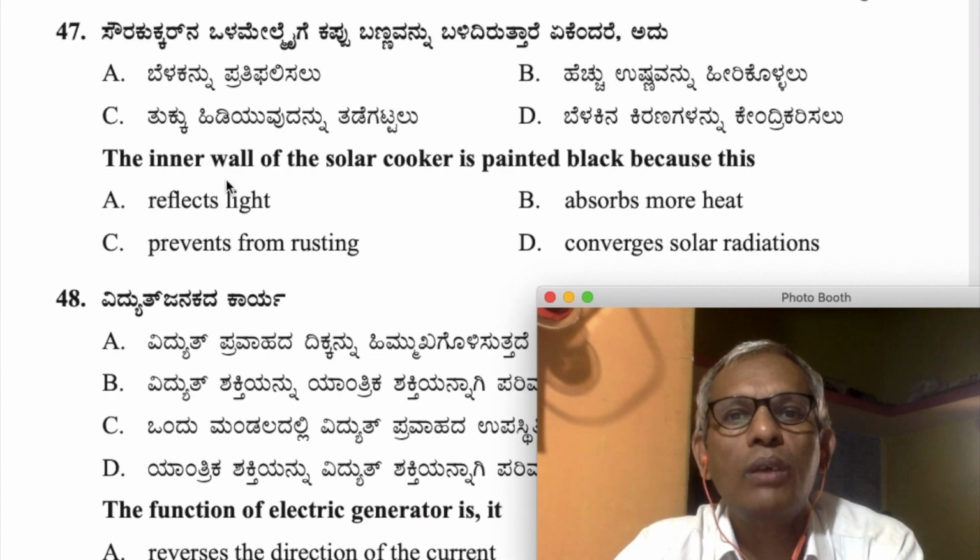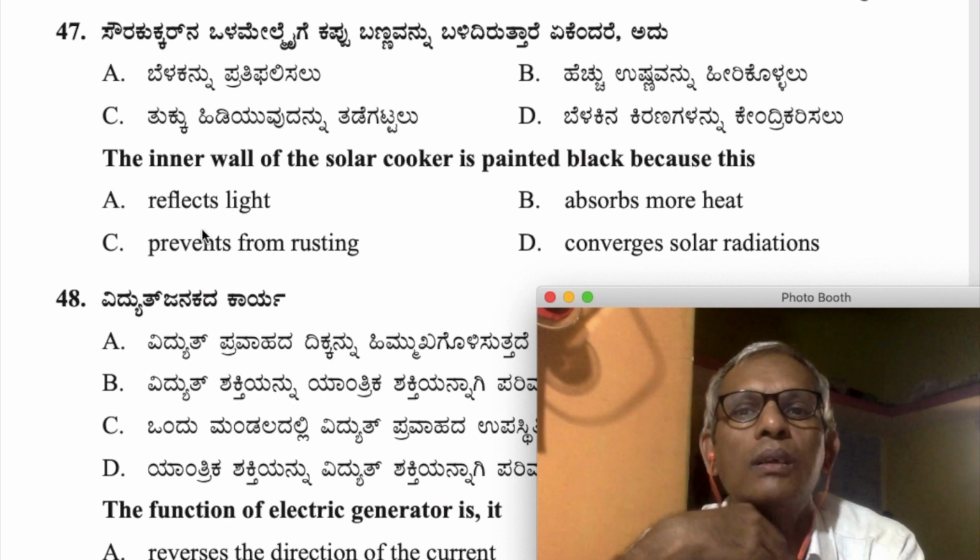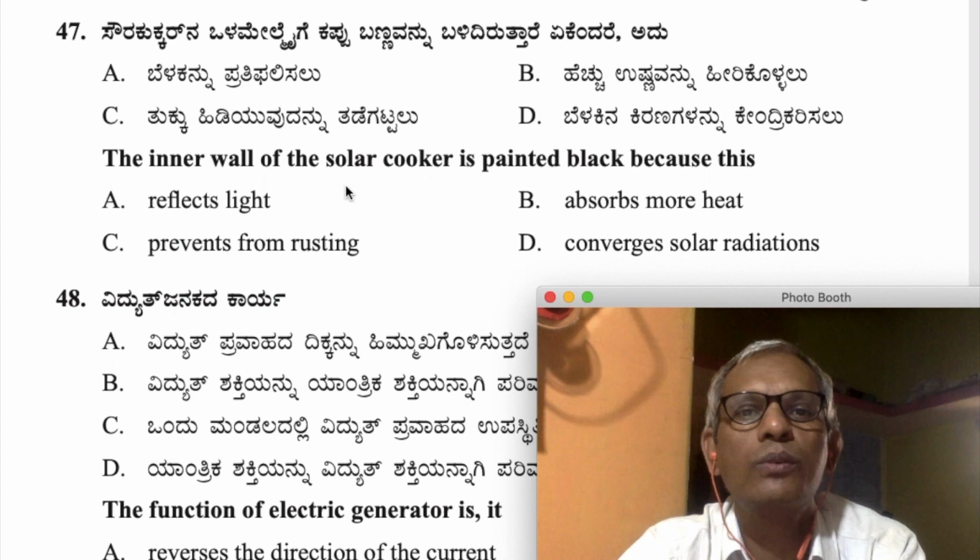The inner wall of a solar cooker is painted black because it: A, reflects light, B, absorbs more heat, C, prevents rusting, D, converges solar radiation. The answer is B, absorbs more heat.